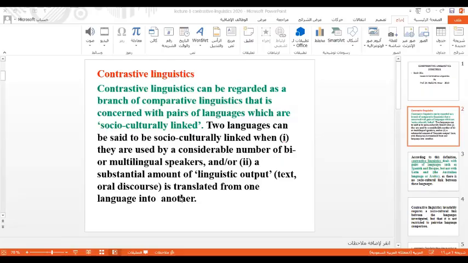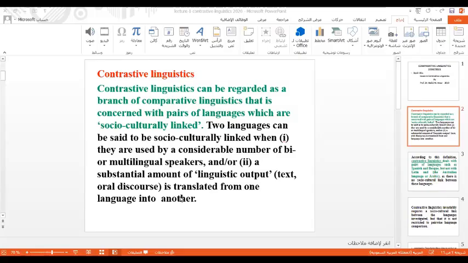Contrastive linguistics deals with pairs of languages which are socio-culturally linked, that is, languages from the same family. English, Italian and German, for example, are Indo-European languages from the same family. So contrastive linguistics deals with two or more languages from the same family.